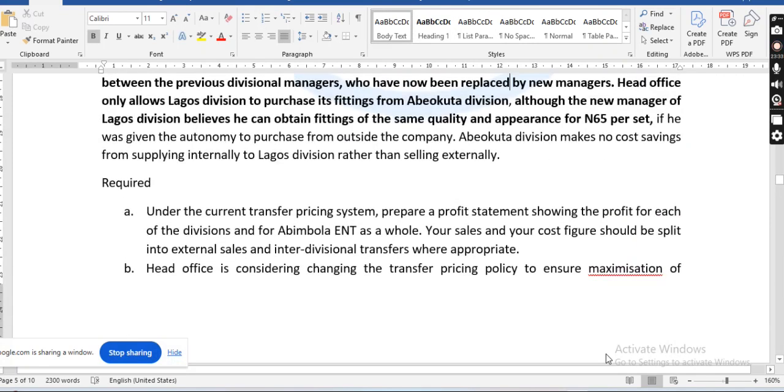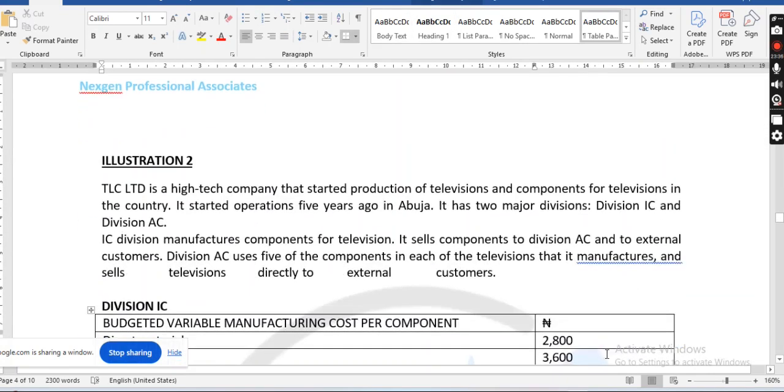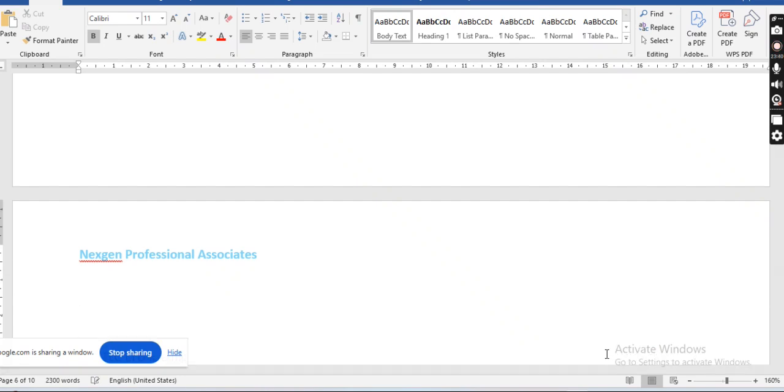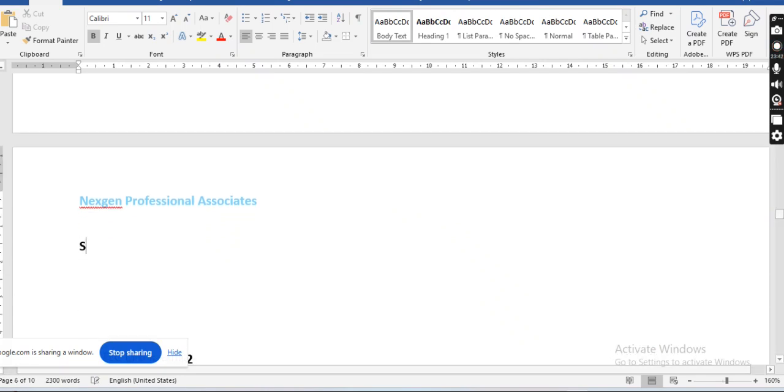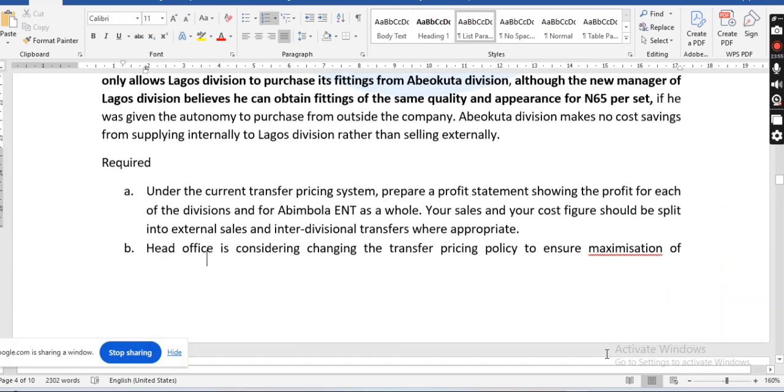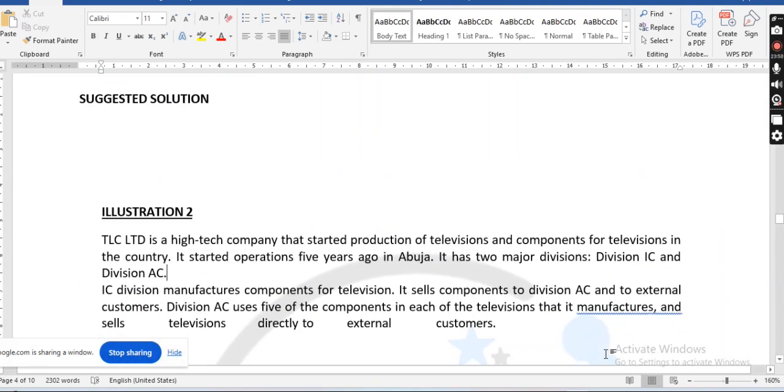So we'll start with A. Let's finish A first. A. Suggested solution. Please pay attention. This is one of the compulsory questions. Suggested solution. What is the name of the company? Abimbola ENT, right? Abimbola ENT.